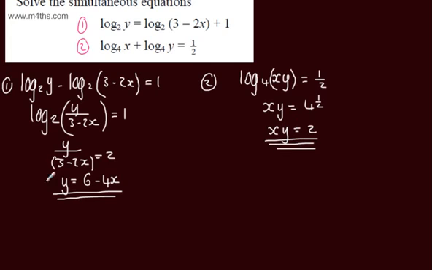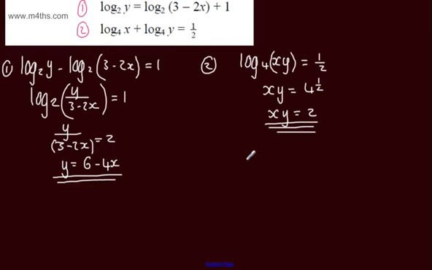I'm now going to substitute equation 1 into equation 2 as I've got an expression for y in terms of x. So now we can write x multiplied by the quantity 6 minus 4x will be equal to 2. So all I've done is gone ahead and subbed that in. Now at this stage we could divide the equation by 2, or we can just expand it out and then do it.